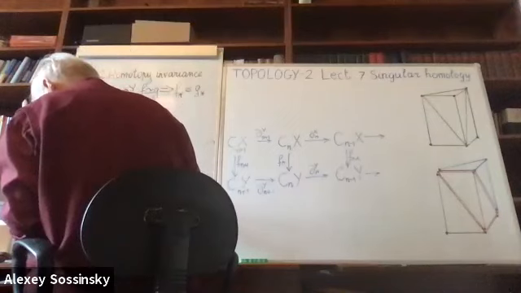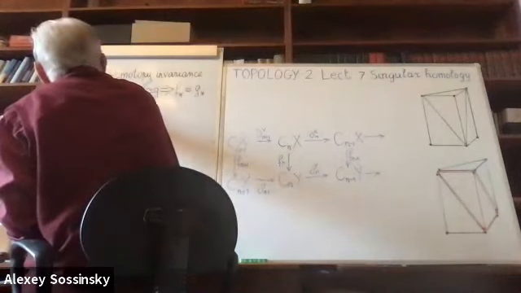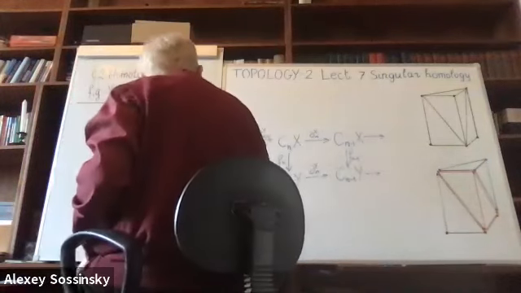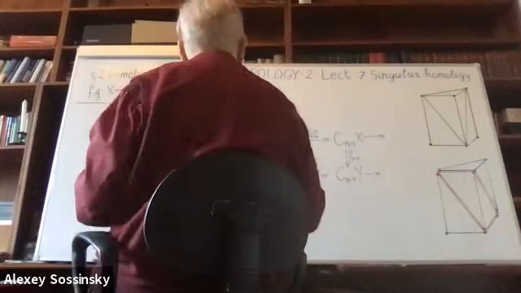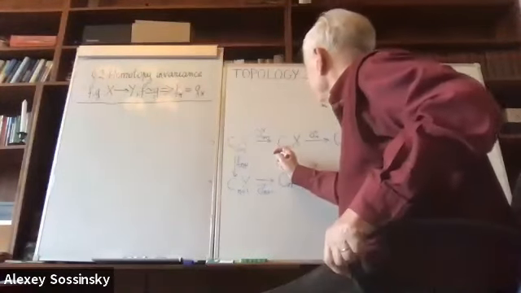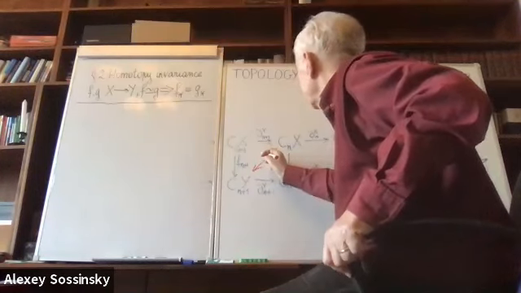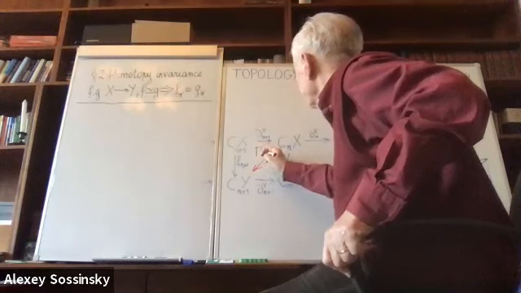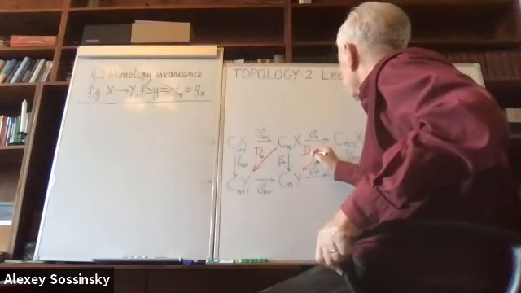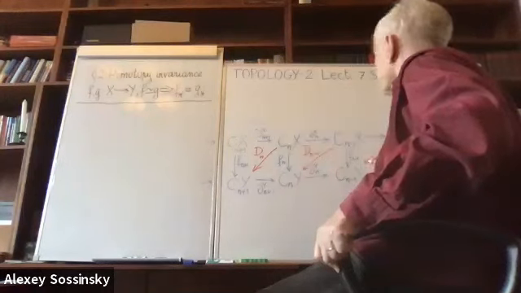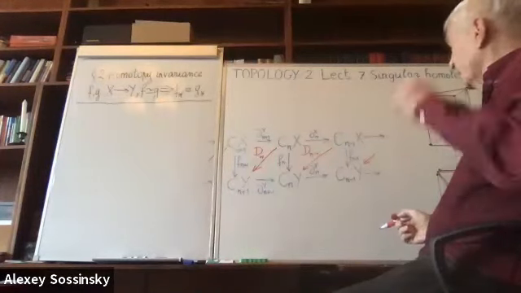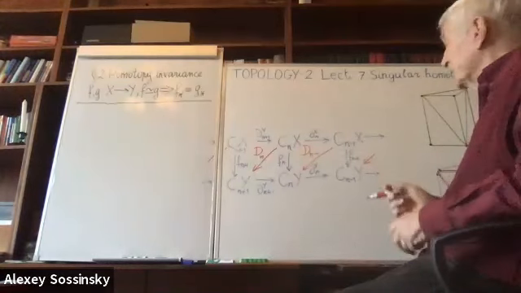Okay, to do that, we are going to use, as you have guessed, the chain homotopy lemma, which, let me remind you, says that there exists a sequence of homomorphisms in this diagram, such that the corresponding triangles commute.